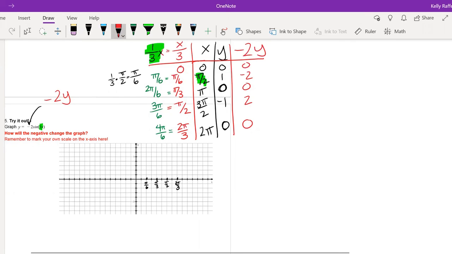All right, I'm going to graph my points on here, and then we'll make sure we all match up. Let me highlight the ones I'm graphing, so it's not as confusing.